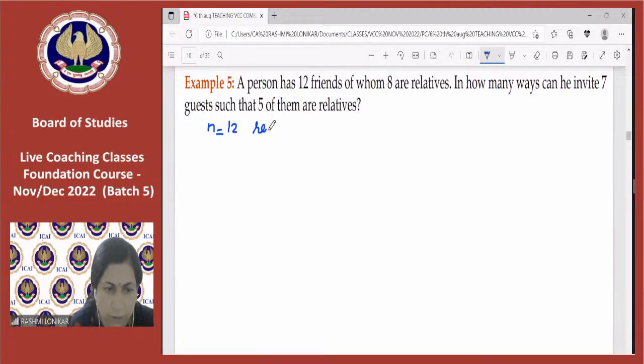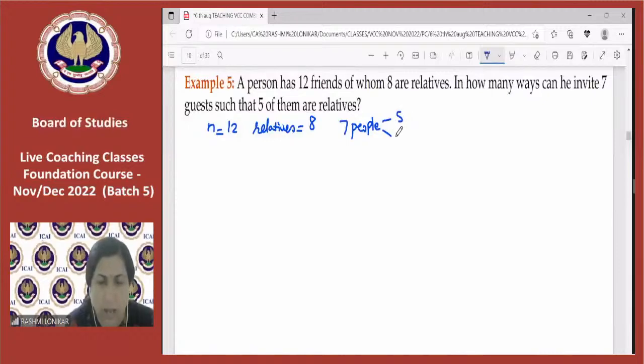How many relatives? 8. And how many of them does he have to invite? 7 people. Out of 7, he has to invite 5 who are relatives and 2 are non-relatives.